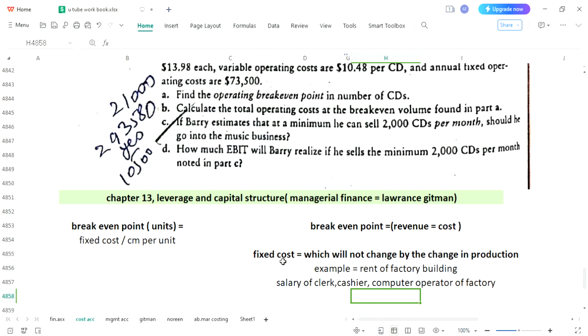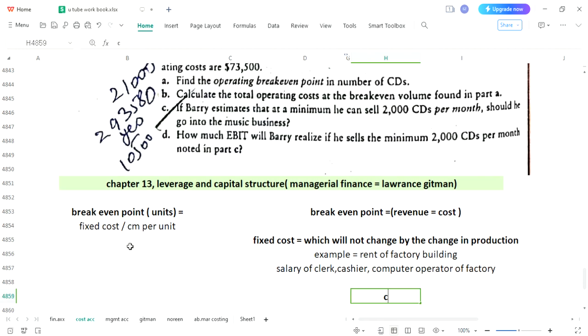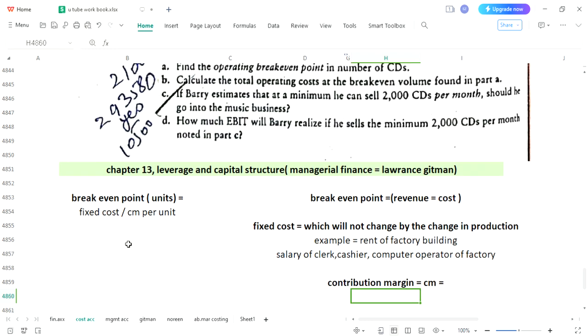And the second factor is CM, which is called contribution margin, and we denote it with CM. And how do you calculate CM? The difference between sales and variable cost. So you will subtract your variable cost from sales, right?